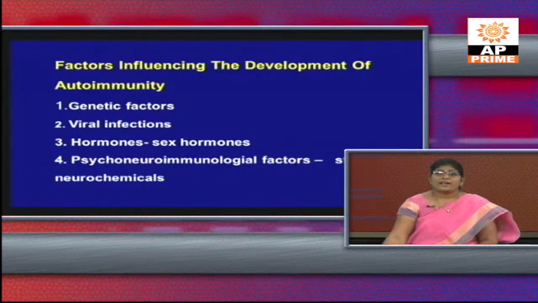So what are the factors that influence the development of autoimmunity? The first important thing is genetic factors, because autoimmune diseases run in families due to the major histocompatibility complex, which is the major protein in immune response. It is coded by genes. So genetic factors play a very important role in autoimmune diseases.